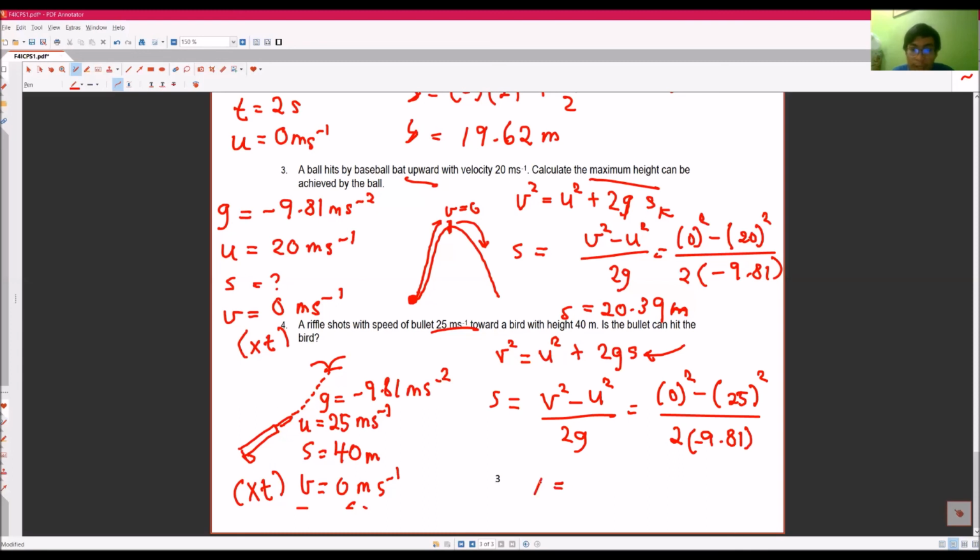So s is negative 25 square divided by 2 times negative 9.81. We got 31.86 meters. Since the height of the bullet is less than 40, the bullet cannot reach the bird. So that's the conclusion here.